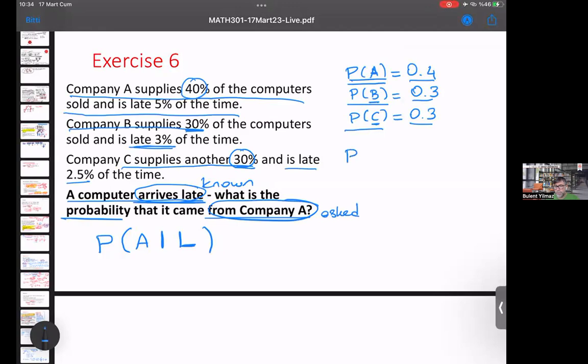Let me ask another person. Melissa, how can I write this? It is late 5% of the time, it's coming from company A and it is late. Probability of what given what? Melissa, do you hear me?